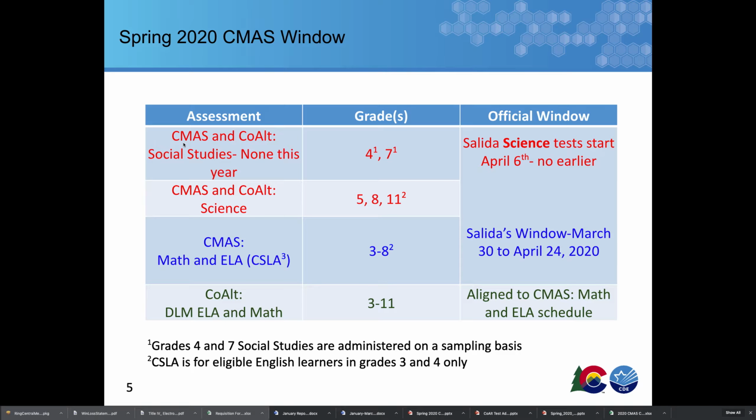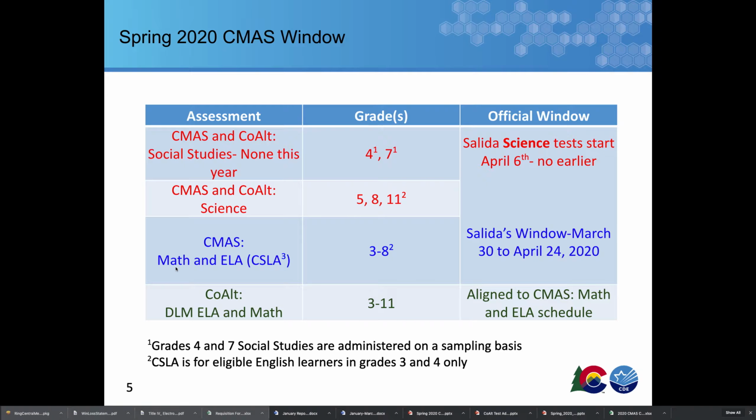But first of all, for CMAS COALT, which is Colorado Alternative, which is the test our most impacted students take, for CMAS and PSAT and SAT, the social studies test, no one has to take social studies this year. Yay, we're in a bye year. But we do every year take the science test for both CMAS and COALT, and that's students in grades 5, 8, and 11. That test starts by April 6th, but no earlier.